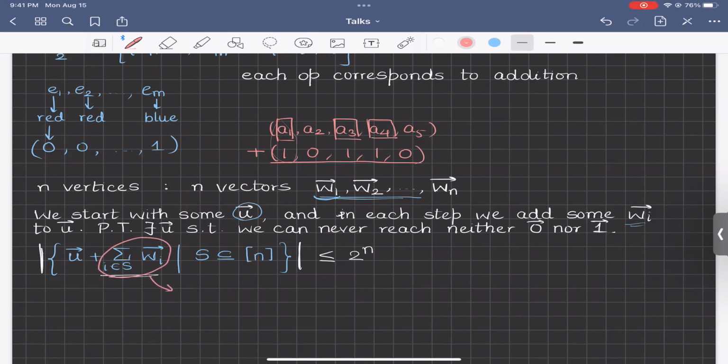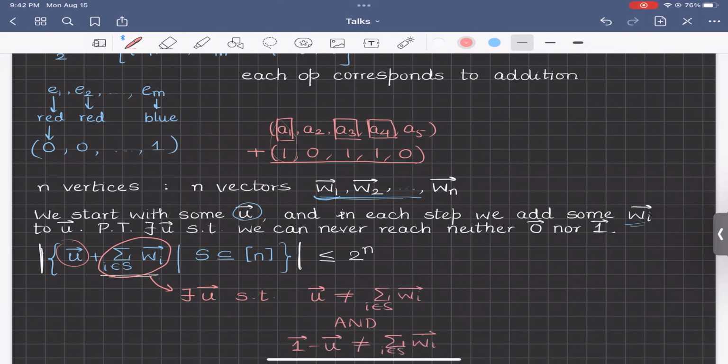We just want to show that there exists a U such that U does not belong to this set of summations. So U is not equal to any of the W_i summations, and it's also not equal to the complement of U.